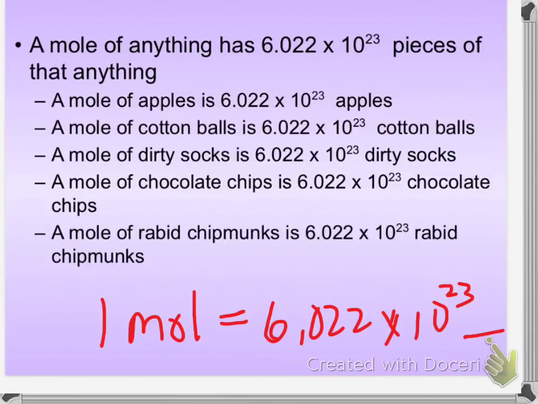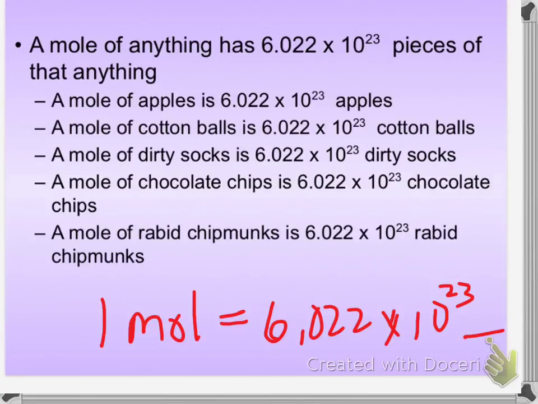Okay? So let's now look at using it. Why does the mole matter? The mole matters because when we do what's called stoichiometry, which is fun to say, we're going to start what's called compositional stoichiometry here, which is figuring out the ratios and numbers that make up compounds, just straight how much is in this thing.